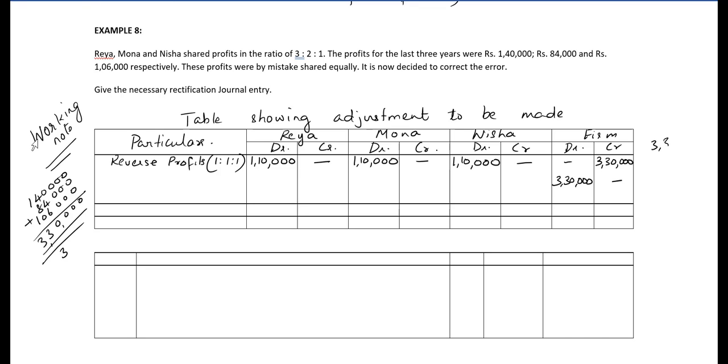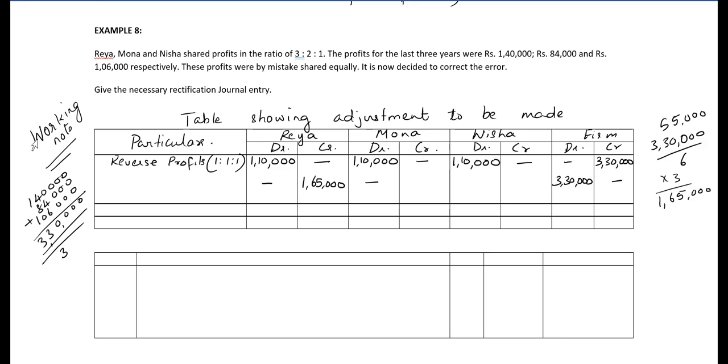So we need to divide this by 6. That gives 55,000. So on multiplying by 3, we get 1,65,000 for Rhea. Since the 3,30,000 balancing figure has come in the debit of the firm, we need to credit the partner. So I'll credit Rhea with 1,65,000.